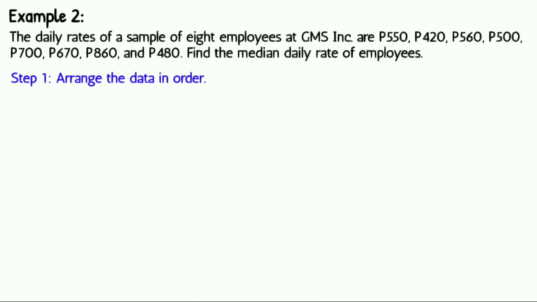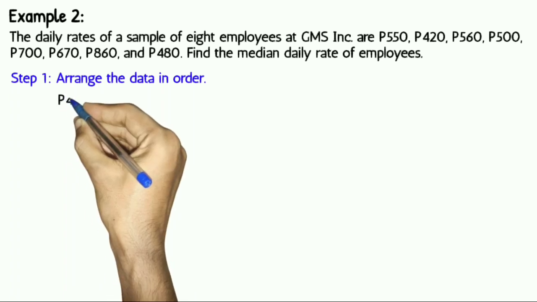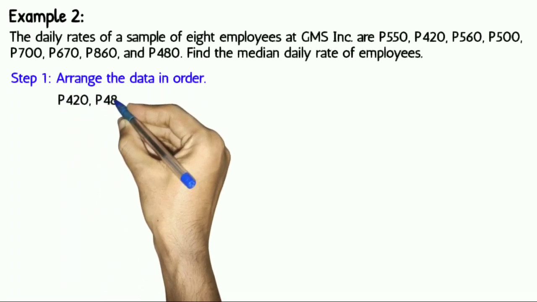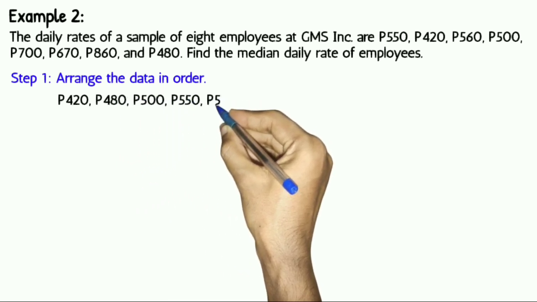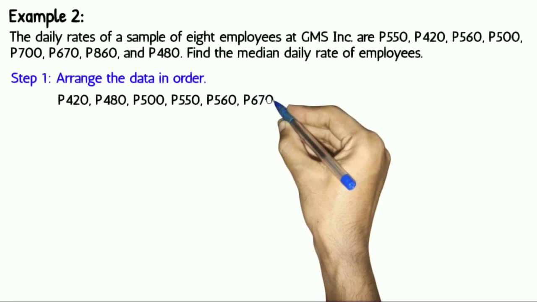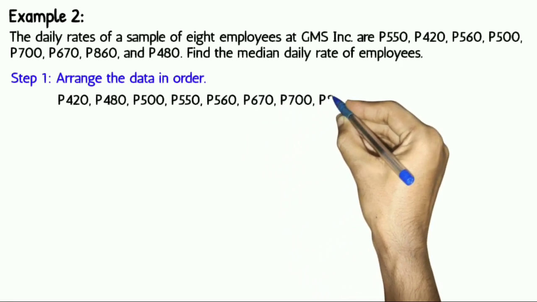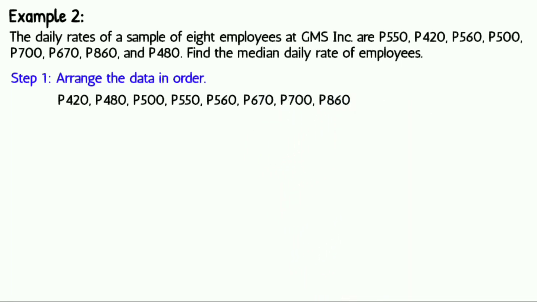The lowest value is 420 and the highest value is 860. We arrange it in ascending order. So that will become 420, 480, 500, 550, 560, 670, 700, and 860.